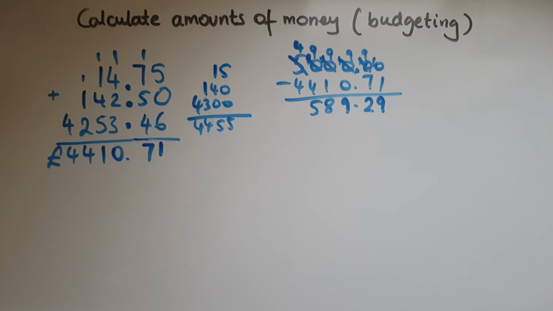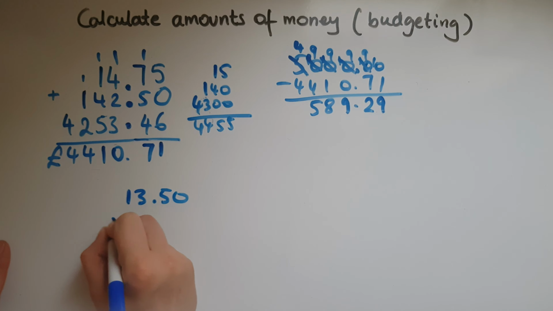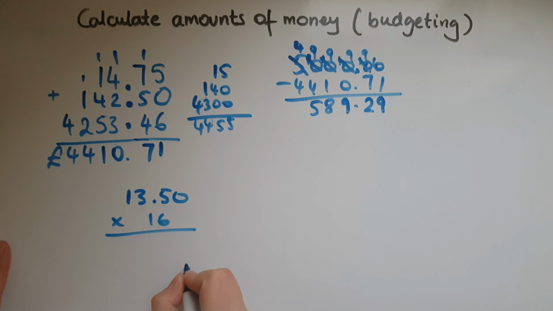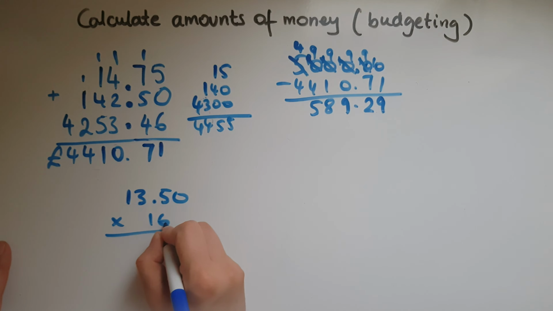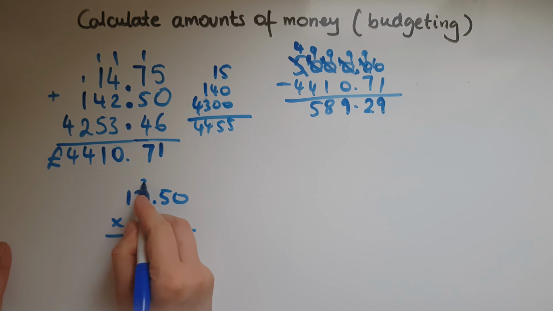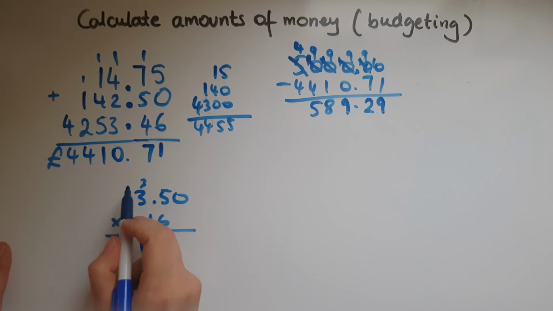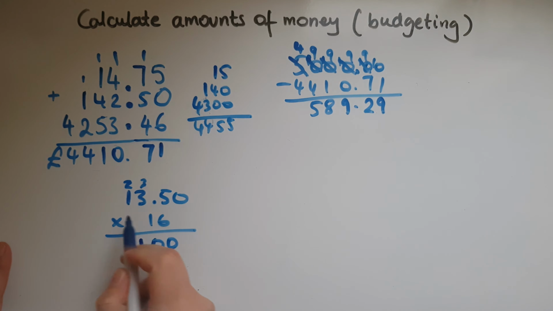So I want to get 16 towels, which cost £13.50 each. So we'll go 6 times 0 is 0, 6 times 5 is 30, 6 times 3 is 18, and the 3 is 21, 6 times 1 is 6, and the 2 is 8.